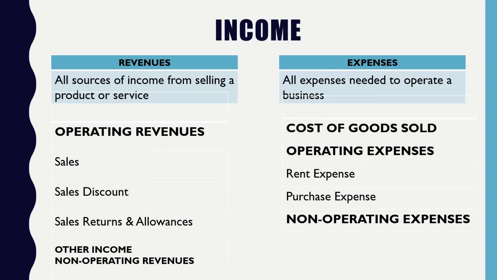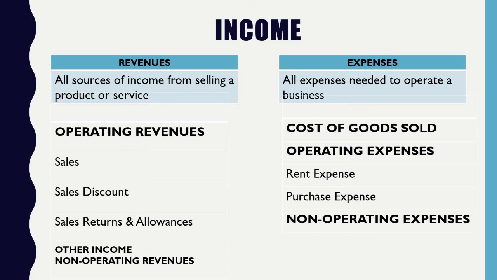So now we're going to move on to the last 2, which are your revenues and your expenses. So revenues, okay? It depends on what kind of core business your operations is. What is your core operation that allows you to generate income?